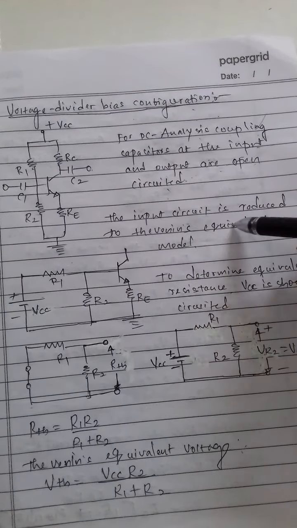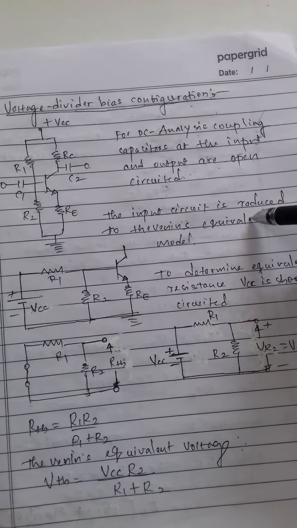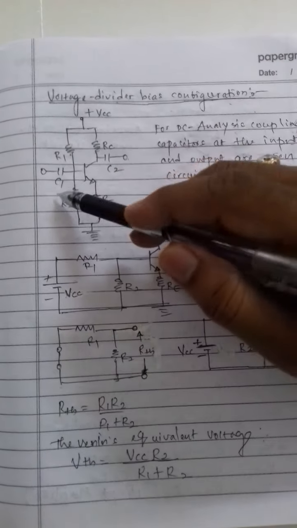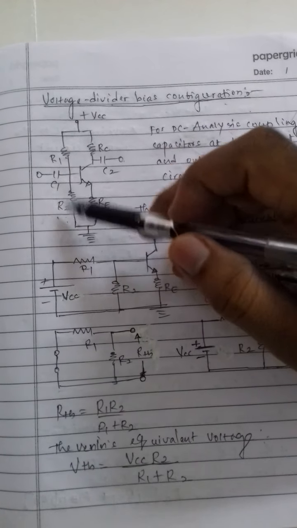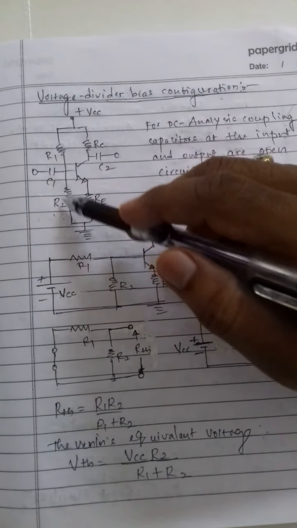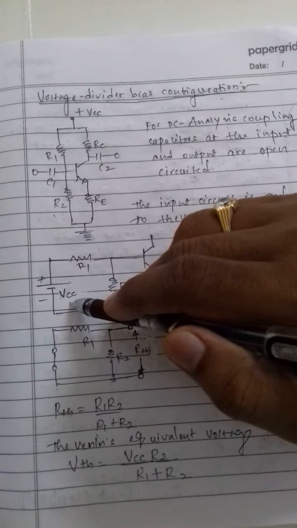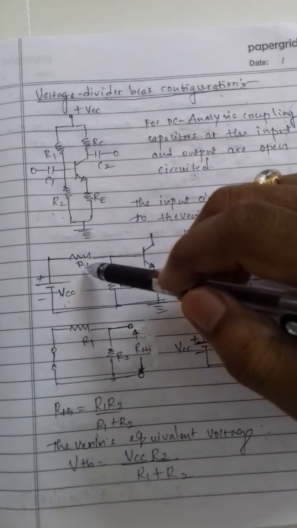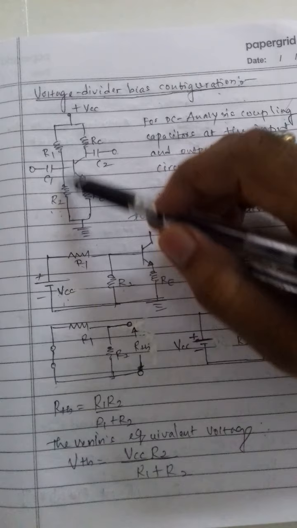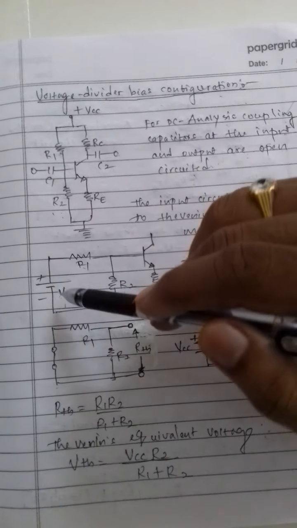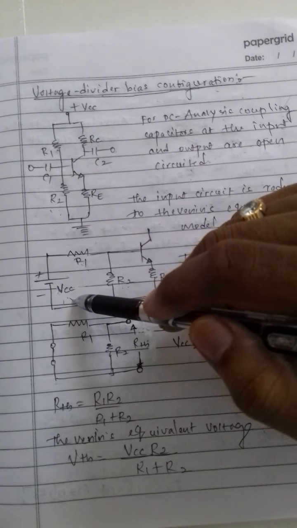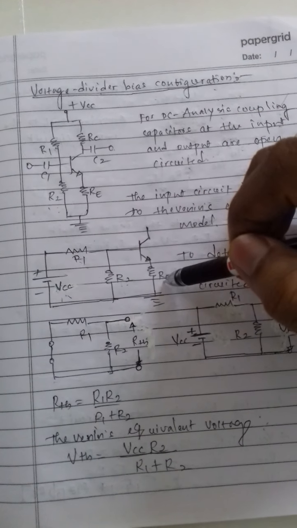The input circuit is reduced to the Thevenin's equivalent model. Here for the analysis, this input circuit is reduced to this form: a supply voltage VCC, resistance R1, resistance R2 and the emitter resistance RE.